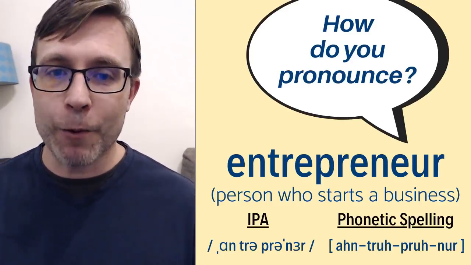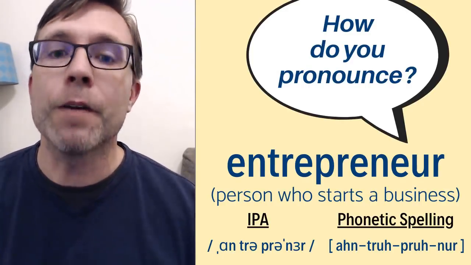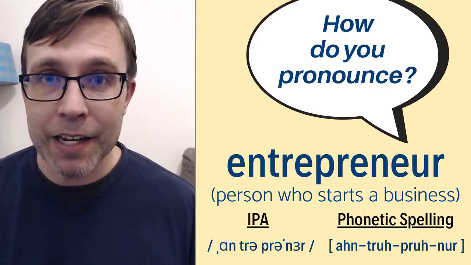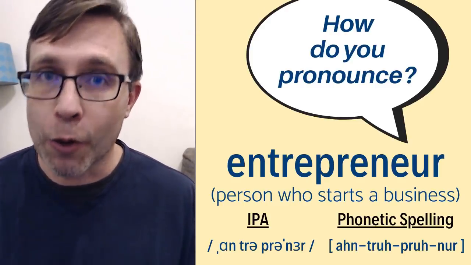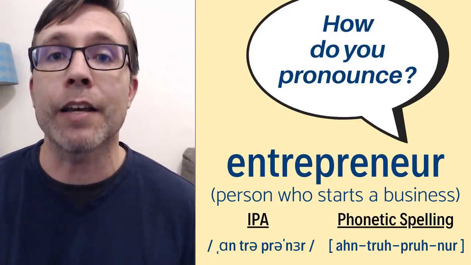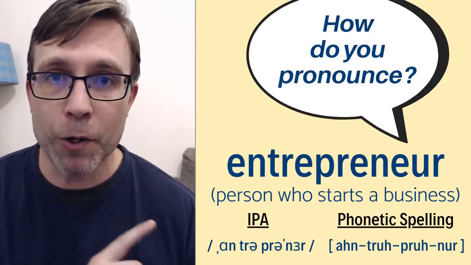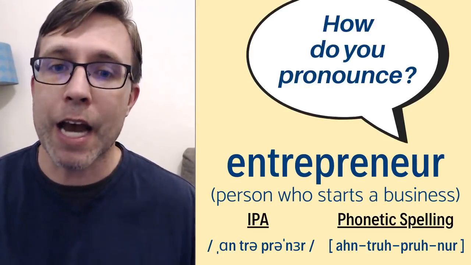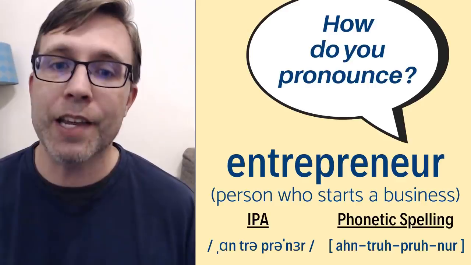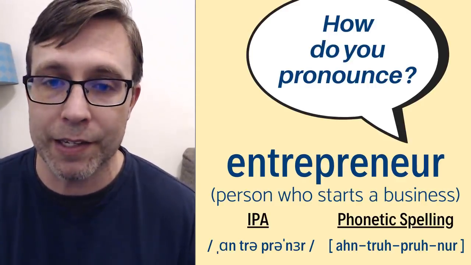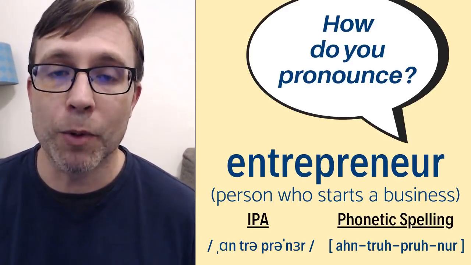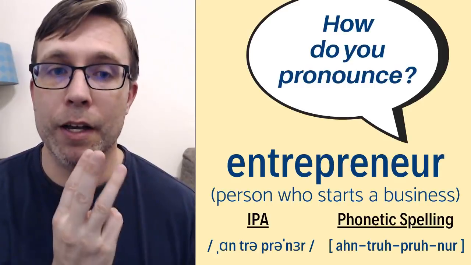The next word I have for you, people were asking about this word, entrepreneur. Again, this is another loan word that English has taken from French. We now use it. Entrepreneur is a person who starts a business. It has 4 syllables. Entrepreneur.